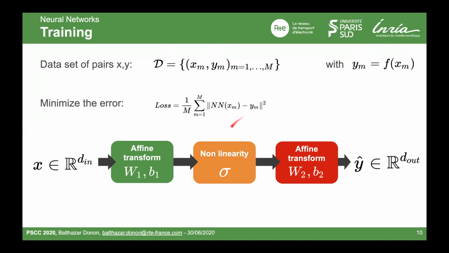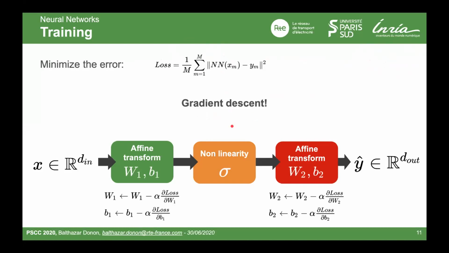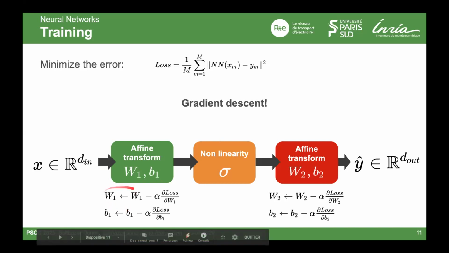How do you do that? You do that by the stochastic gradient descent method. What makes neural networks so attractive is that the gradient is very easy to compute thanks to the backpropagation algorithm.